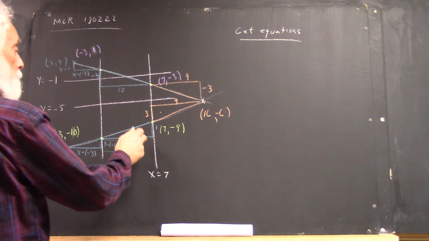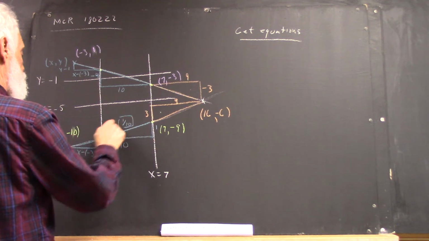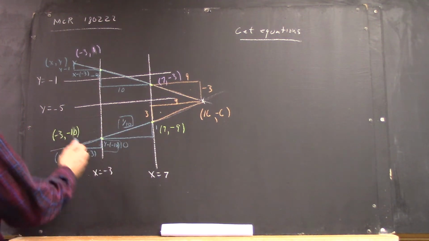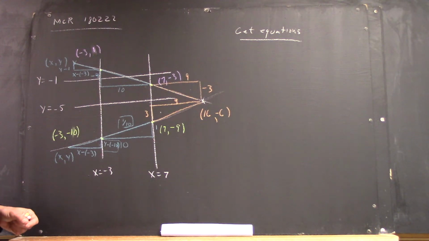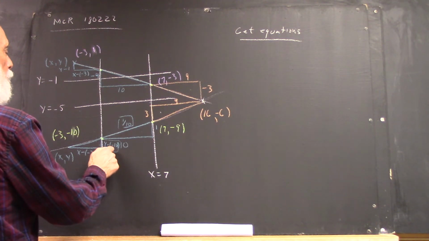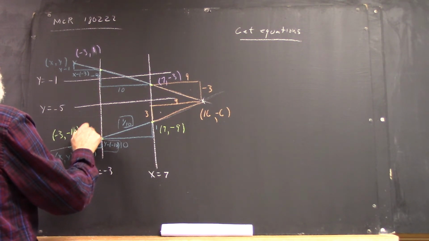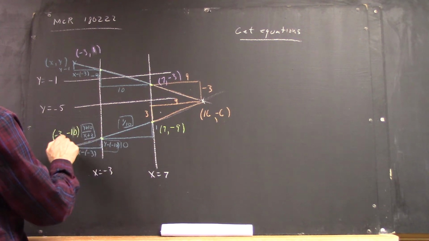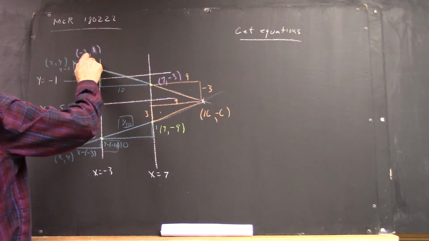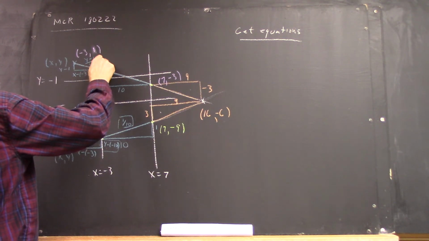Okay, well, my slope is going to be 1/10. My slope here, where I didn't leave myself enough room again, intentionally so I could illustrate, is going to be y plus 10 over x plus 3. And here the slope is going to be y minus 1 over x plus 3.